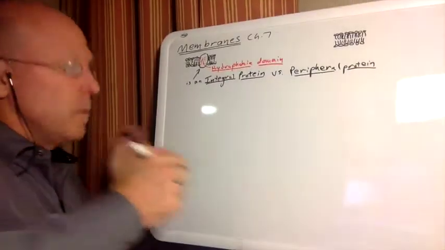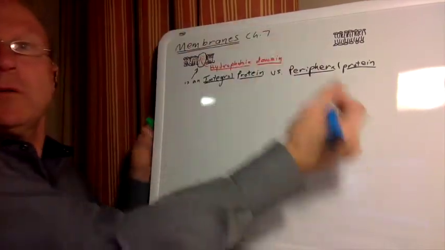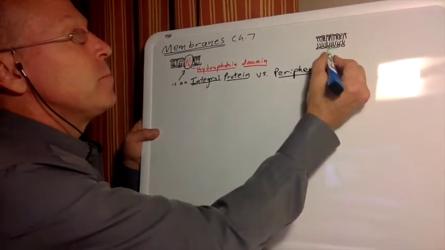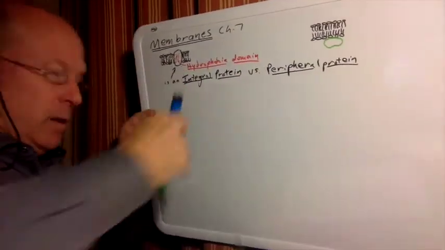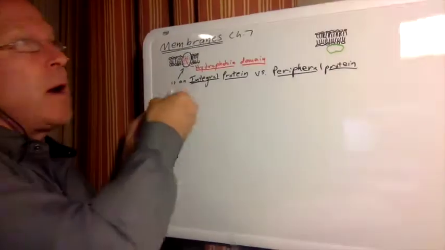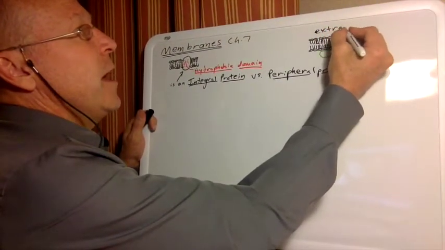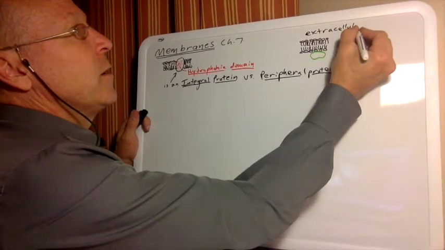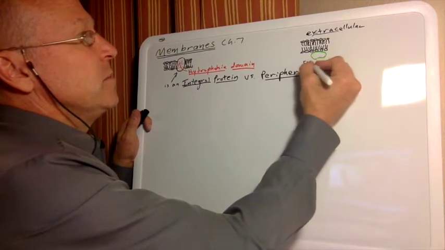Okay, good. So let's make a peripheral protein right here. That's the peripheral protein. Of course, I think we can identify a couple of other features. The way I've drawn it, this is extracellular space, and then this is cytoplasm.